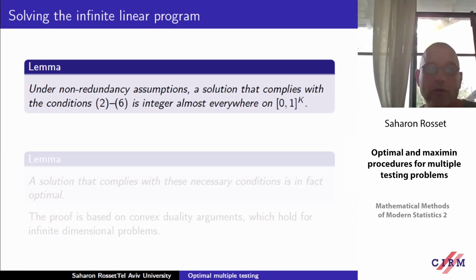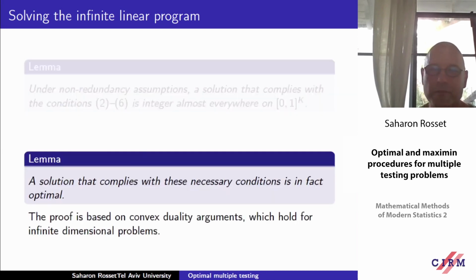We have necessary conditions, and any solution that complies with them is going to be integer. So in fact, the relaxation to the continuous program has no effect. If we can get a solution, it's going to be integer.